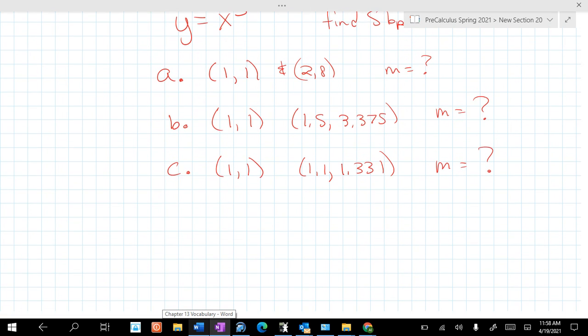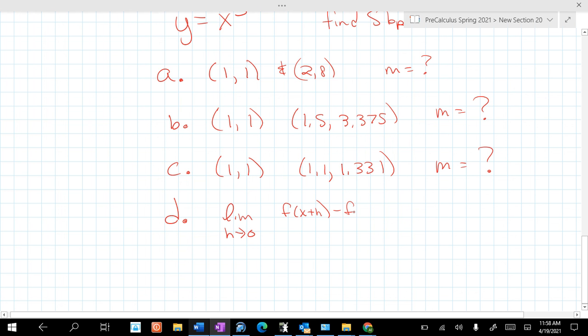And then for part D, you're going to do the limit as h approaches 0 of f of x plus h minus f of x over h, which is x plus h quantity cubed minus x cubed over h.